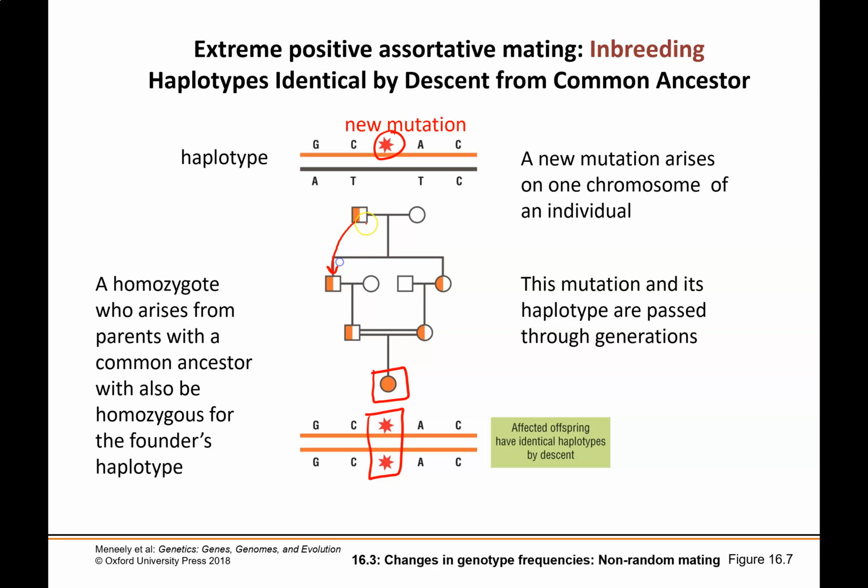This grandparent passed it to father and daughter, who were brother and sister, and then passed it down to each of their children. So this is a first cousin marriage, and this is what we mean by identical by descent. The homozygous individual comes about because a homozygous recessive allele was passed down both sides of the family tree.